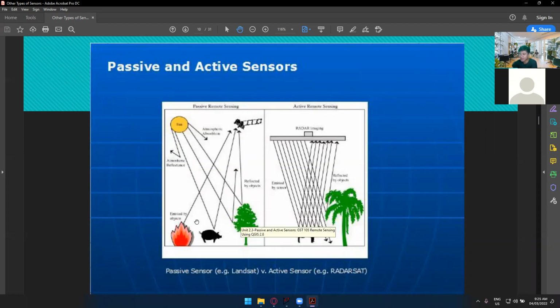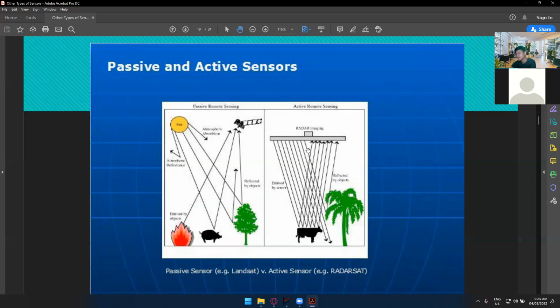So it can detect how far something is, or what is being sensed by our satellite. One is a tree, then how far is the tree, how big is the tree, and so on and so forth. That's the way it senses things, depending on the emitted sun rays coming from the sun.